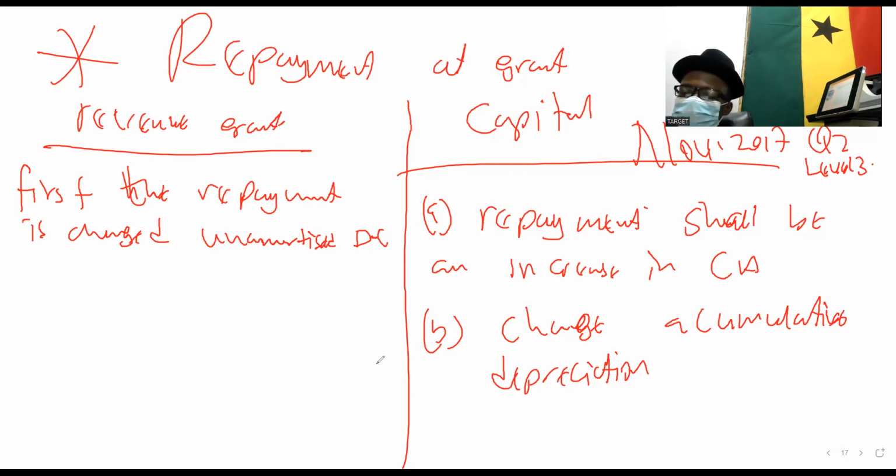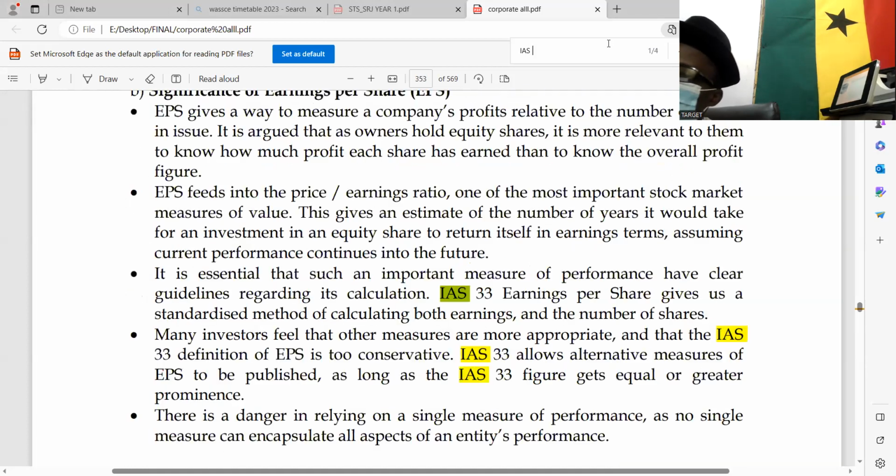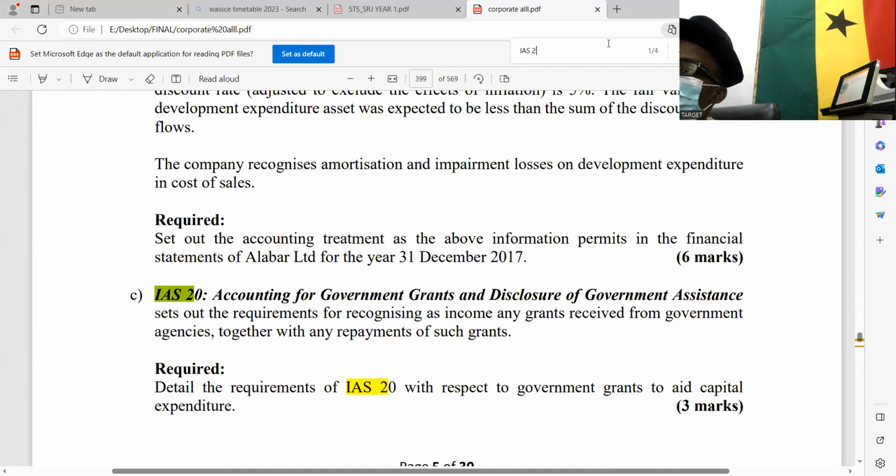Take notice, and watch carefully how they ask the questions, how they will probably ask the questions. So IAS 20, IAS 20, and IAS 20. Good. Let's go.